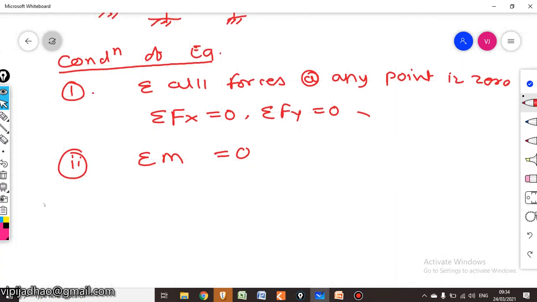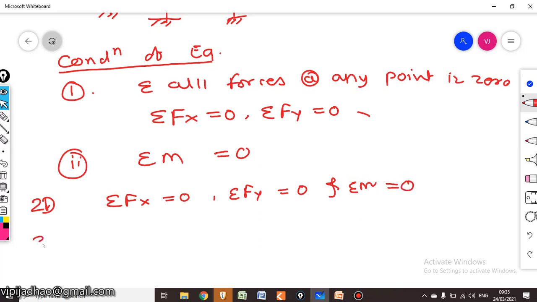Now in case of a two-dimensional structure, we will have three conditions of equilibrium. That is, summation of forces in x direction is equal to zero, summation of forces in y direction is equal to zero, and summation of moment about any point is equal to zero. Whereas in case of a three-dimensional structure, we will have a total of six conditions of equilibrium.